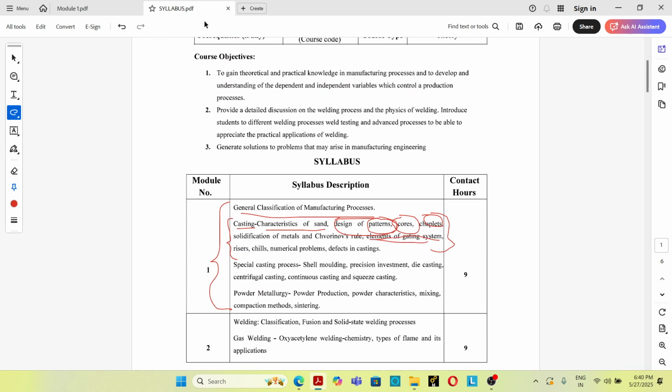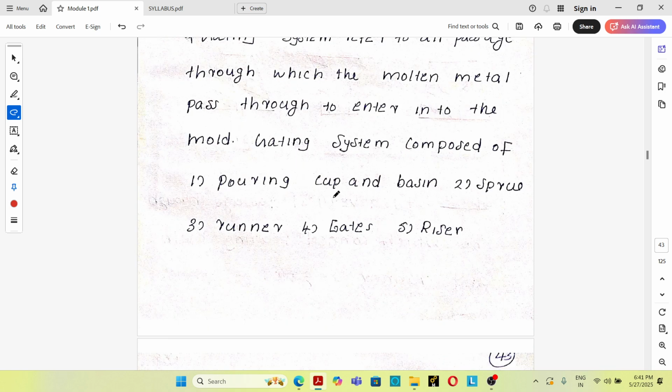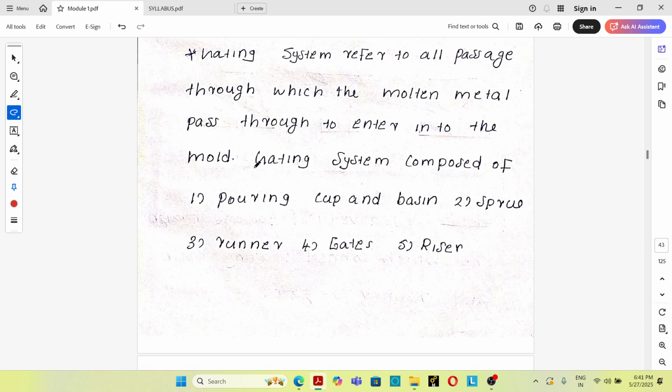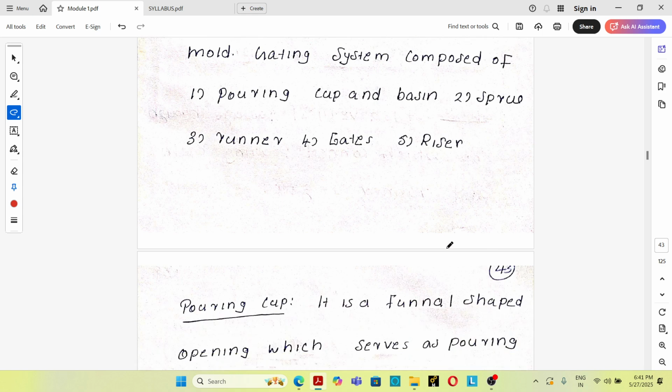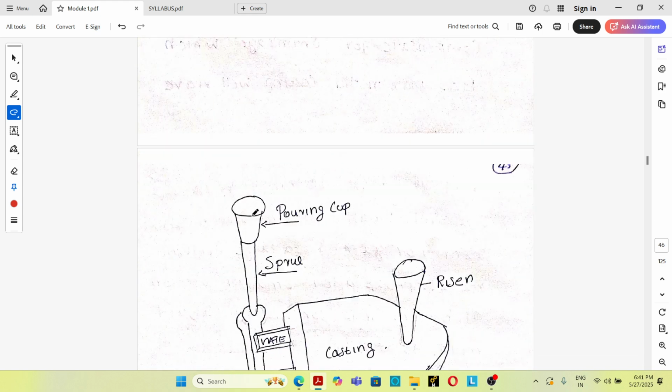Elements of the gating system is a very important topic. Every sand casting mold has a gating system. What are the elements in the gating system? We have different elements: pouring cup, sprue, runner, gates, riser. You have to study all these elements in detail.